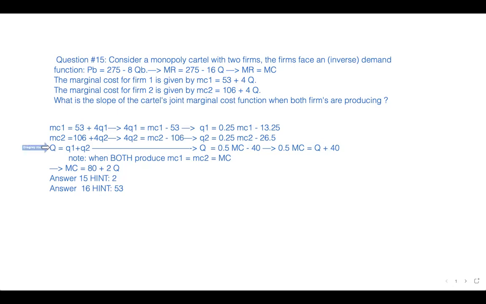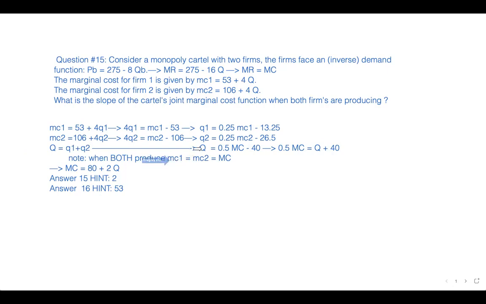And then I recognize when the two firms are coordinating their behavior and acting like a monopolist, what we call a monopoly cartel, their output is going to be the sum of their joint outputs. When they're both producing, there'll be no distinction. Their marginal costs will be the same. It's as if they're one big factory when we have the two factories joined together.